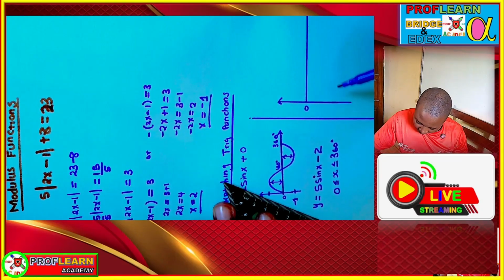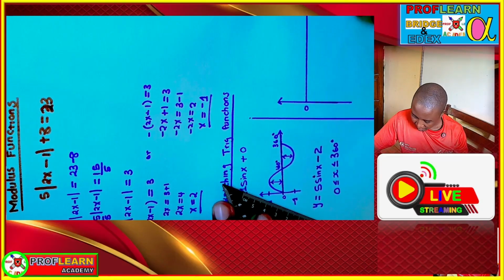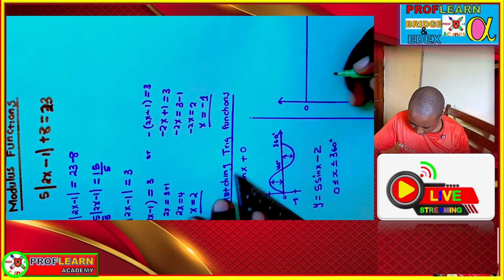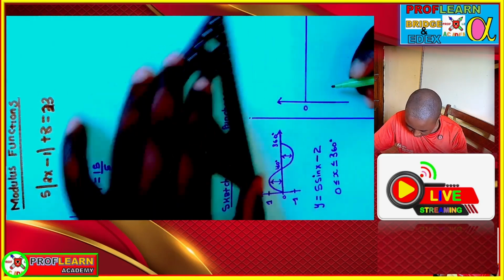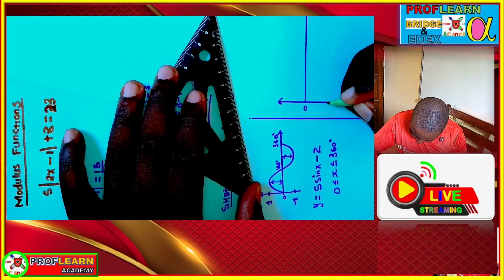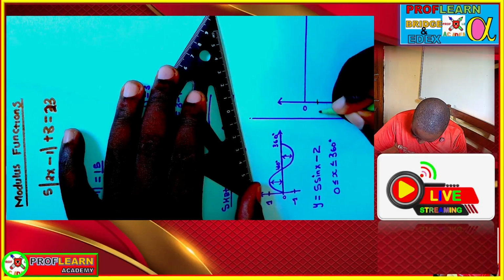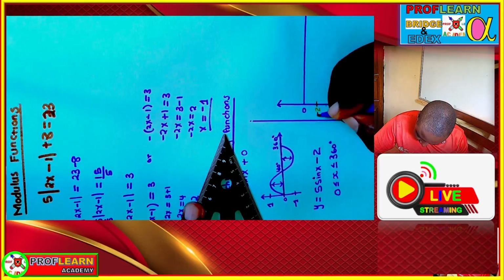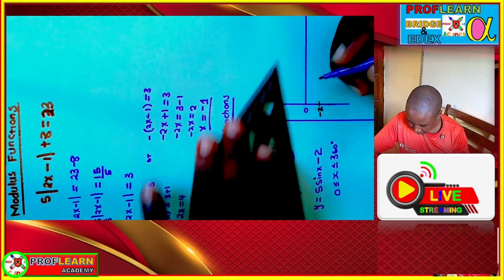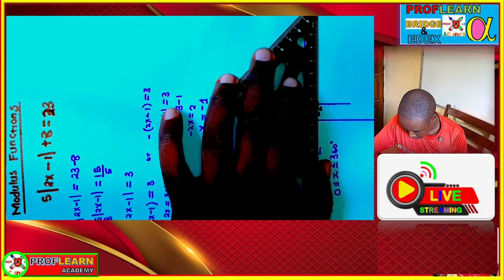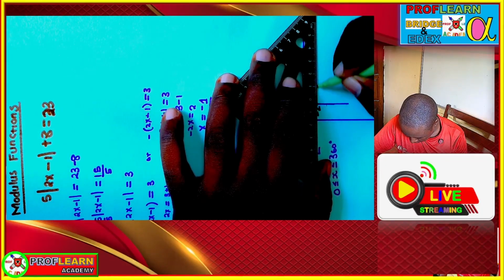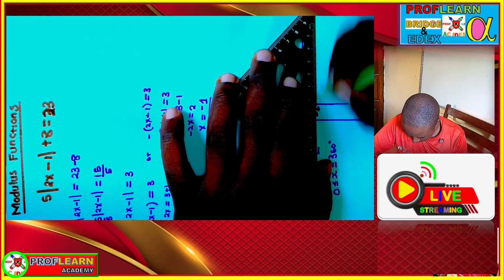So this graph is going to be drawn where we have -2. Let me say -2 is here. This is -2 there. So the graph is going to pass through its points like that.